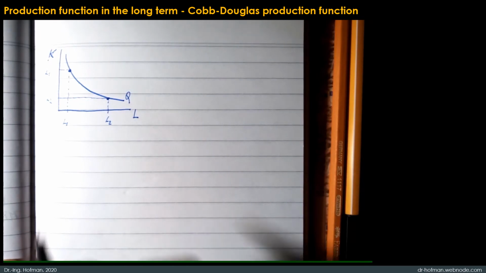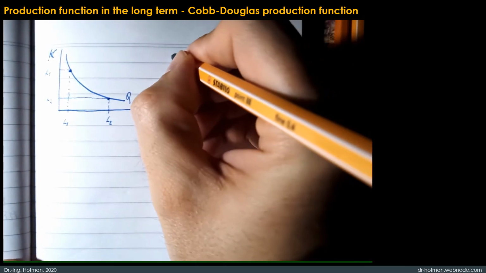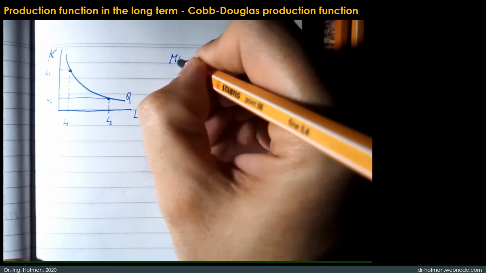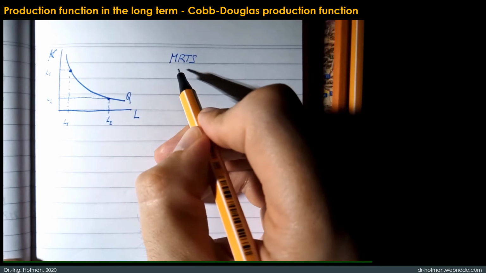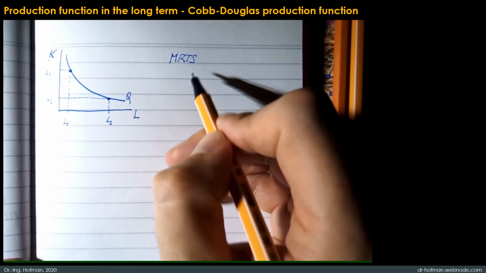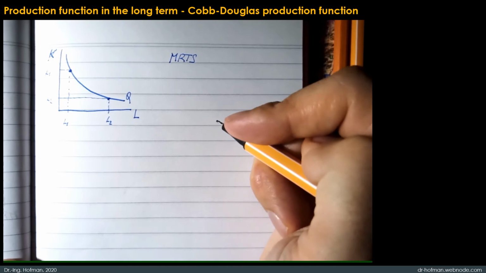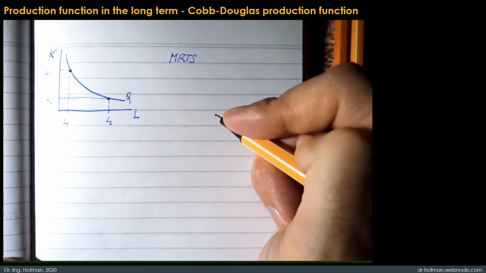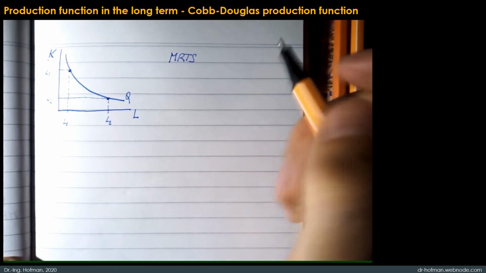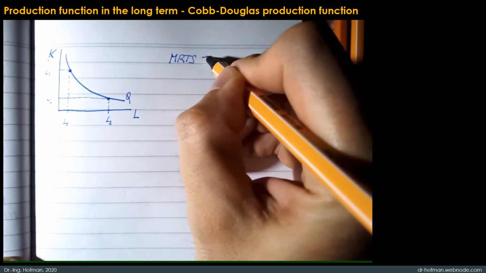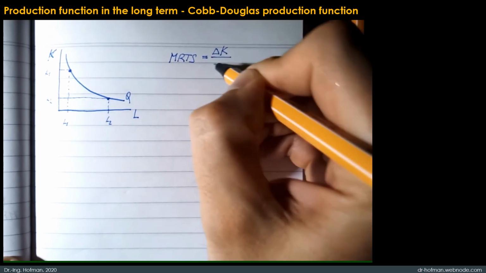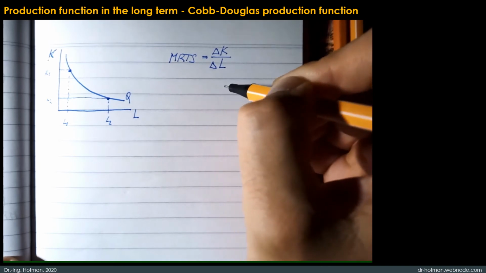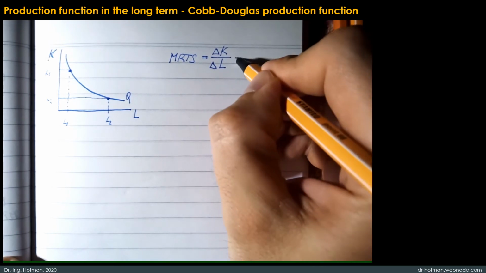And the marginal rate of technical substitution shows us the relation of substitution of two factors without a change of total production. We can calculate it like that: delta K over delta L.